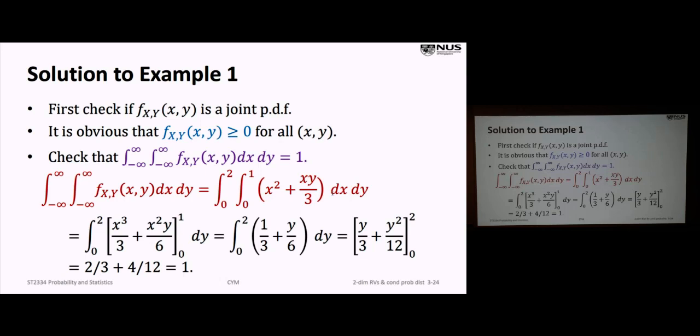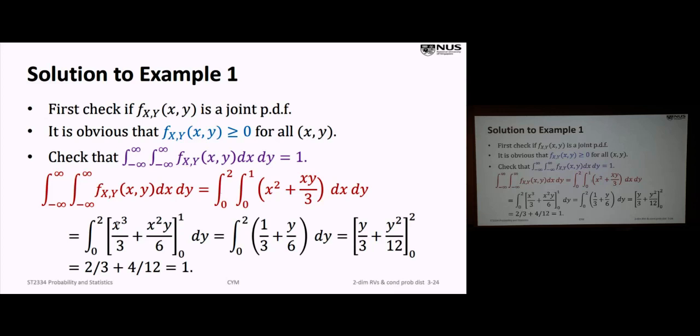So if I integrate x squared, that's x to the 3 over 3. If I integrate x times y over 3 with respect to x, I get x squared over 6 times y. Y is a constant, so if I partially differentiate this function with respect to x, I get 2 times x times y over 6, which is precisely xy over 3.